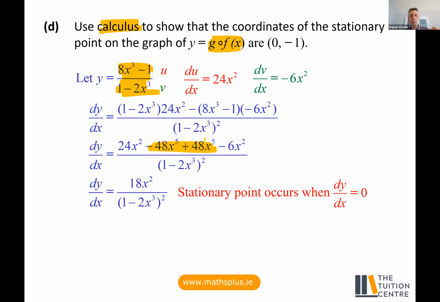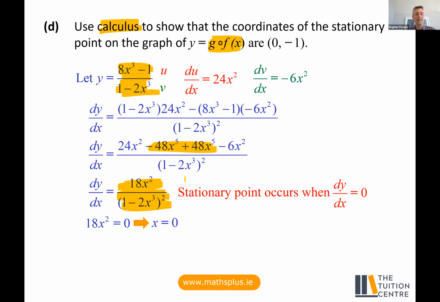But if we remember how we get our answer, we say dy dx is equal to 0. So this part here is equal to 0. And it's actually similar to the last part of the question. I know when I multiply both sides by my denominator, 1 minus 2x cubed squared, I'm going to multiply that by 0, so it's just going to disappear. So I'm going to end up with 18x squared equals 0.